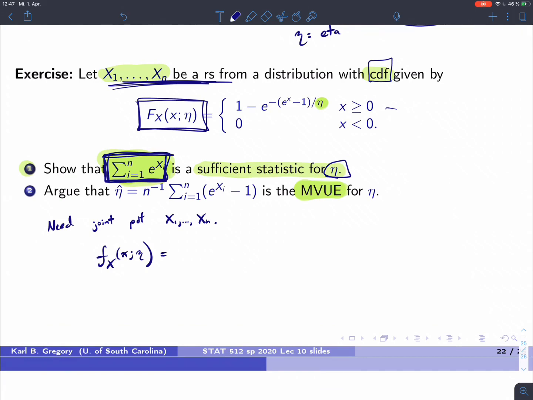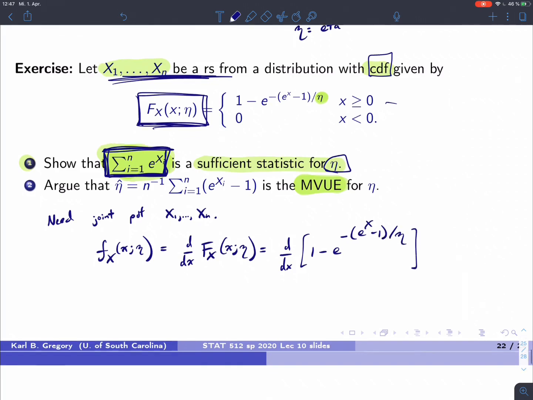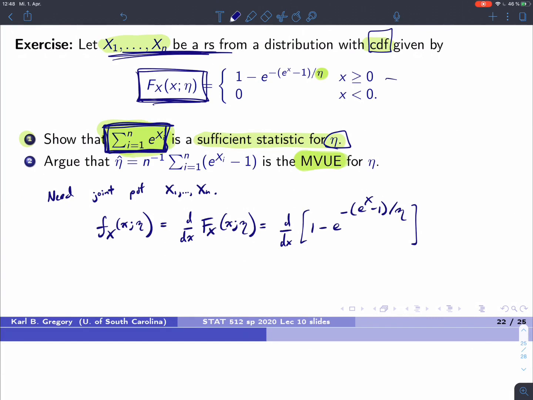Okay. So the PDF corresponding to this CDF we get by just differentiating this guy. So d by dx of 1 minus e to the minus e to the x minus 1 over eta. It looks like a total mess. It's not so bad. I think we can handle it.